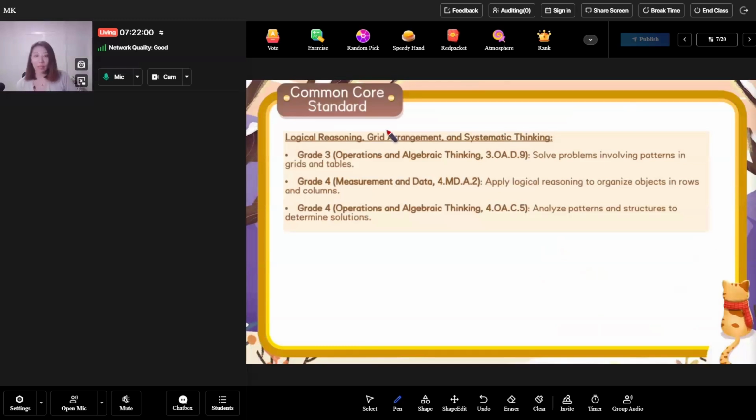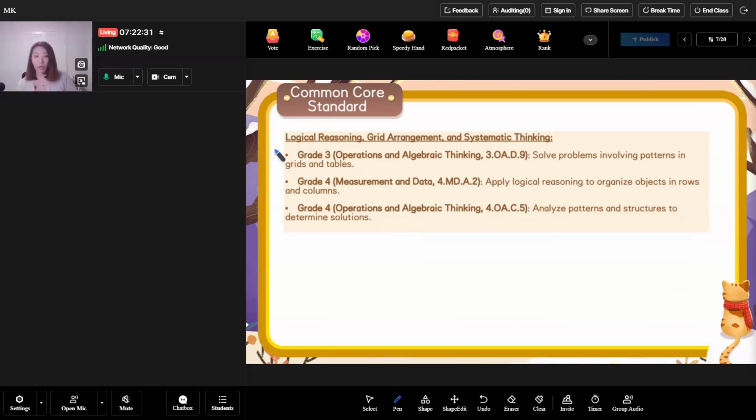And then in school, I don't think we have similar questions. In grade 3, we're going to learn to solve problems involving patterns in grids and tables, kind of related, but not quite. Grade 4, apply logical reasoning to organize objects in rows and columns. I believe it's going to be easier as well. And grade 4, analyze patterns and structures to determine solutions.